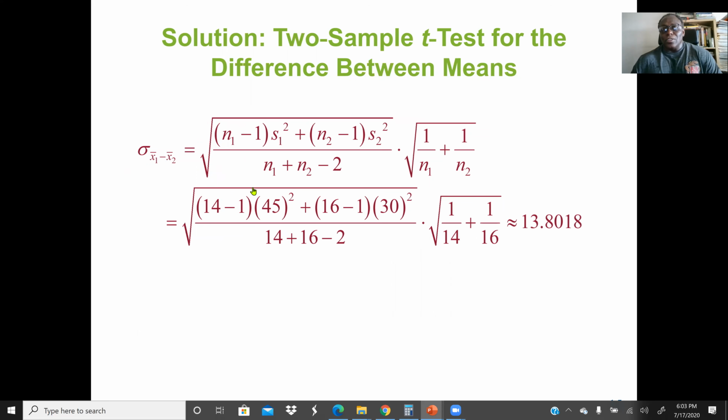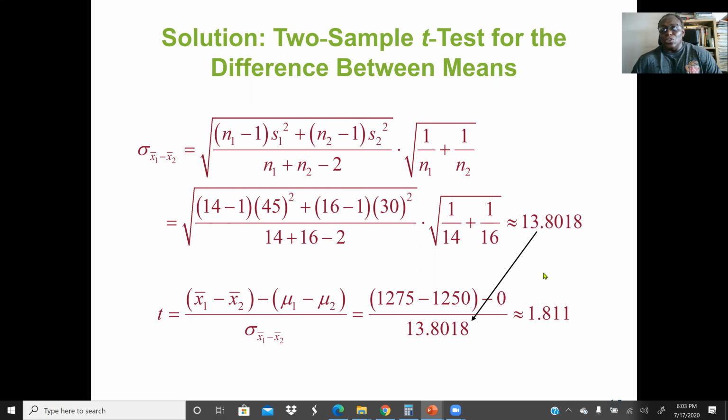Then let's do our test statistic. First we find our standard deviation, and the answer is 13.8018. Now we find a t. For the t, we have to put in the estimated pooled standard deviation value, and we get 1.811.